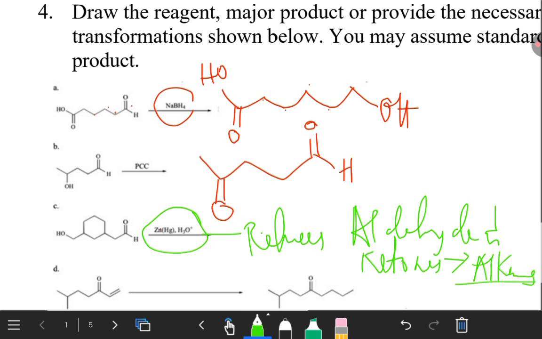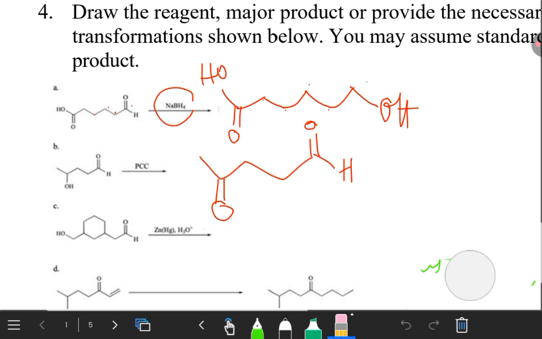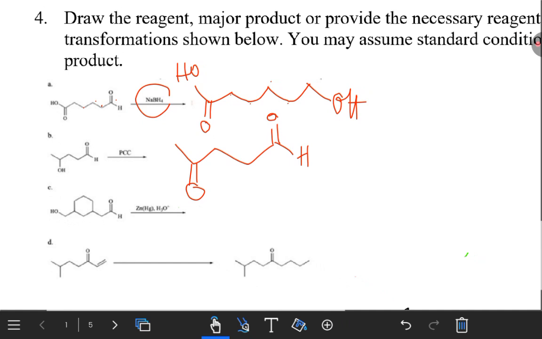So it's able to form alkanes from these aldehydes and ketones. That is what we need to understand there. So let's now write the structure. The structure will be in this manner.